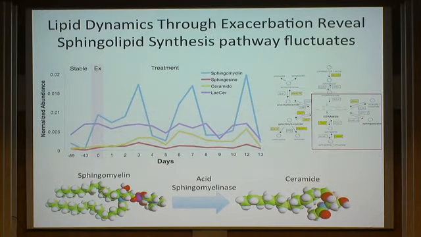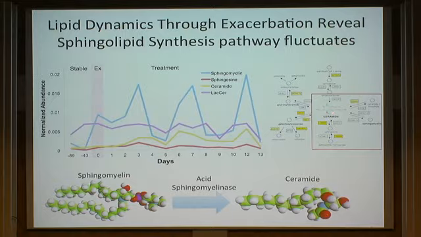What we think we're seeing is that at the exacerbation, the sphingolipids, particularly sphingomyelin, are increased, and we get spiking of these inflammatory signals through time, perhaps validating what we think might be going on with this hyperinflammatory response. But what's interesting is that this only really appears to be occurring in a particular component of sphingolipid metabolism.